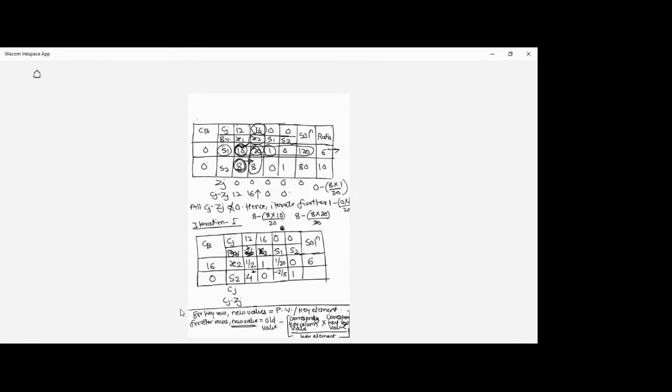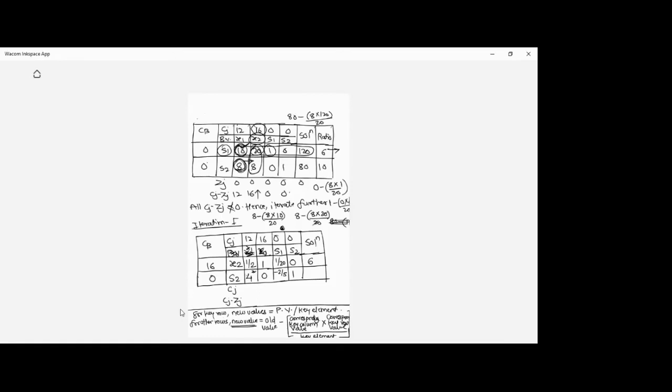Now for our next value, which is 80, it will be 80 minus 8 into 120 divided by 20, right?